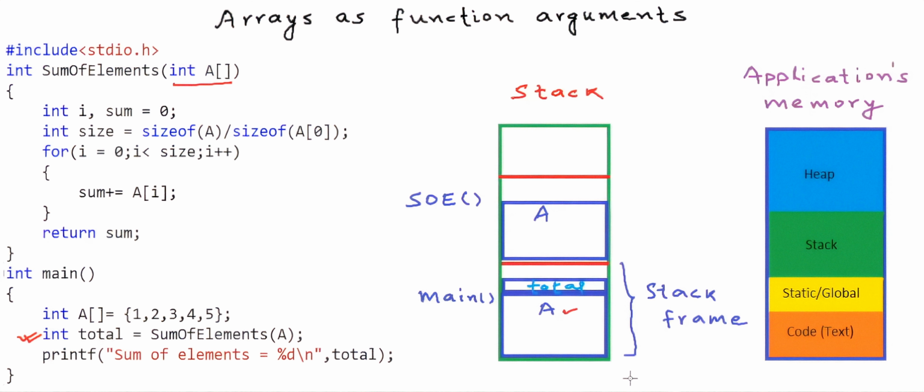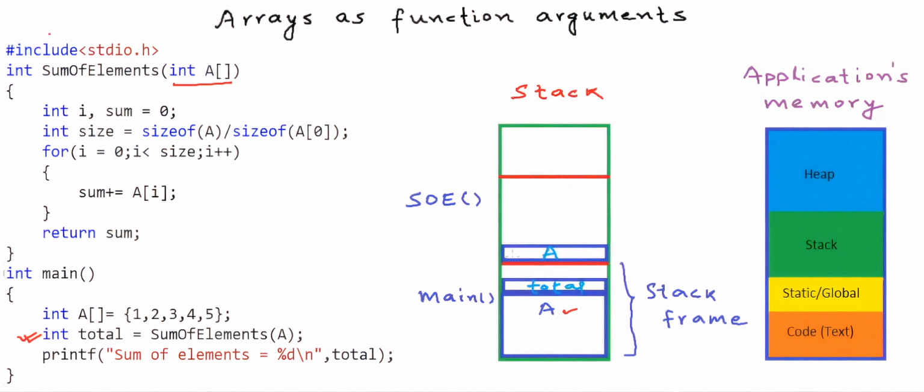But actually this doesn't happen. When the compiler sees an array as a function argument, it does not copy the whole array. What it actually does is create a pointer variable by the same name. Instead of creating the whole array, it just creates a pointer to the data type of the array.